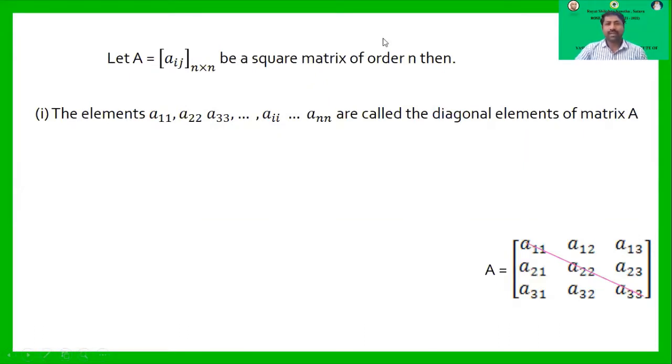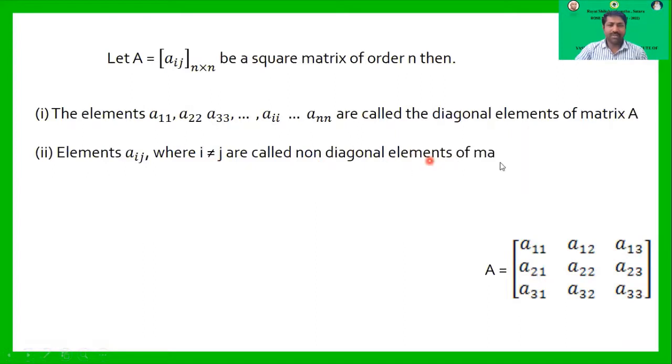Now elements Aij where i not equal to j are called non-diagonal elements of matrix A. Those elements whose i not equal to j. So here A12, A13, A23, A21, A31, A32. Here i not equal to j. So these are non-diagonal elements. So there are 6 non-diagonal elements for this matrix.